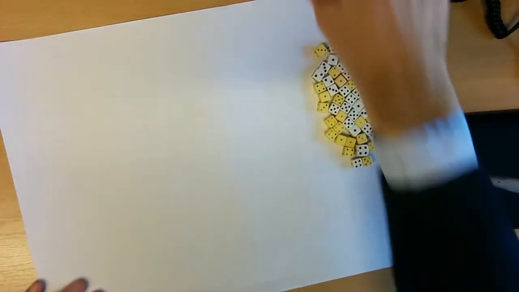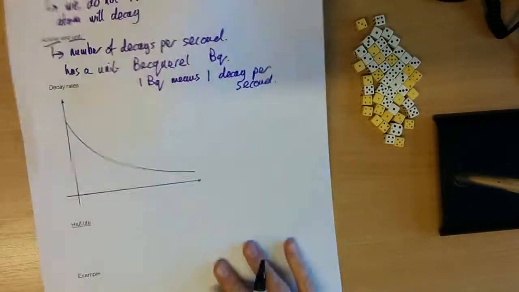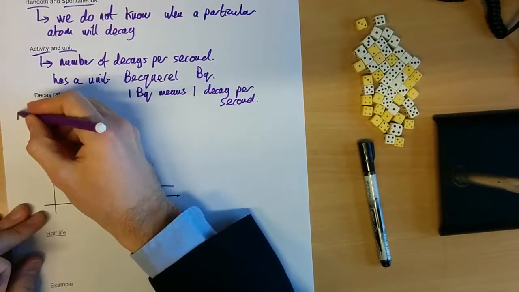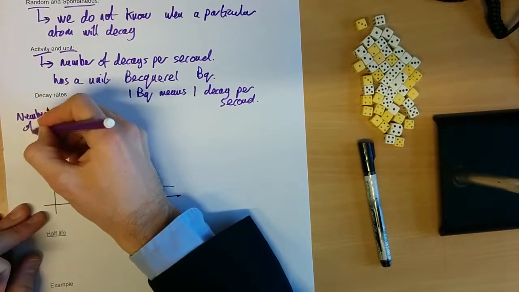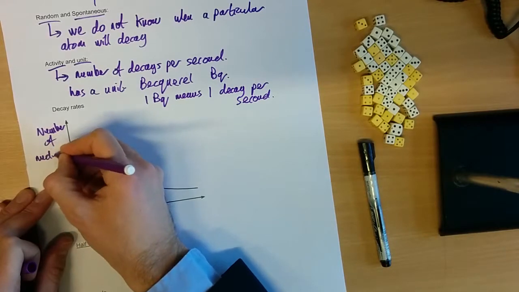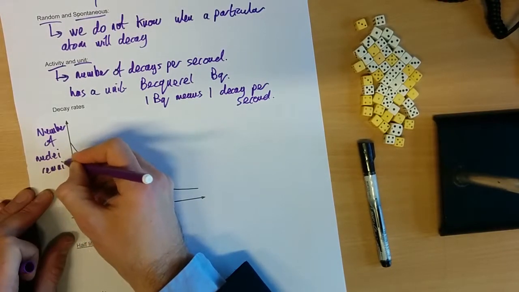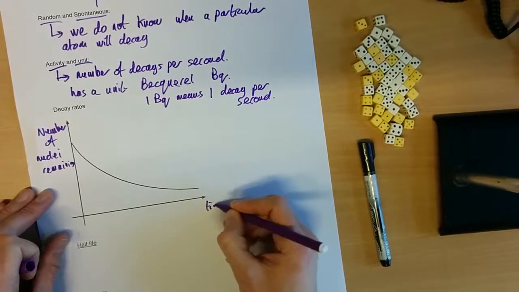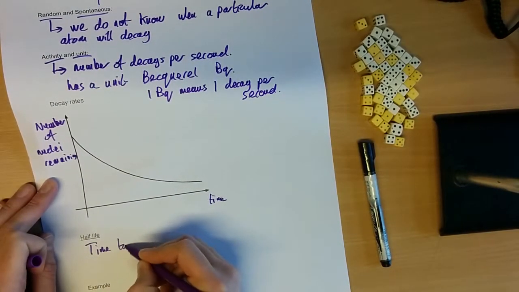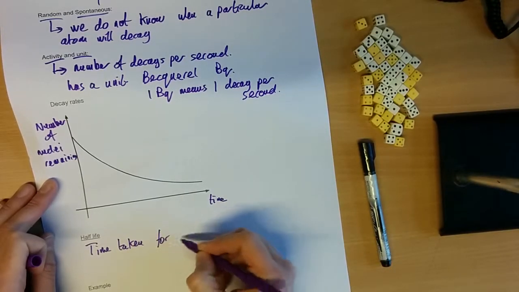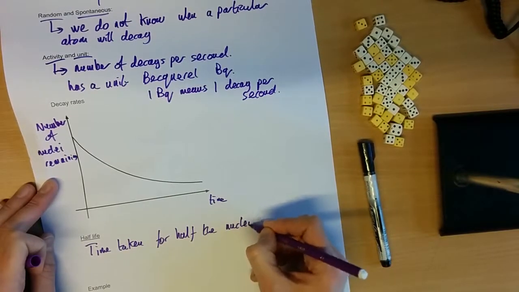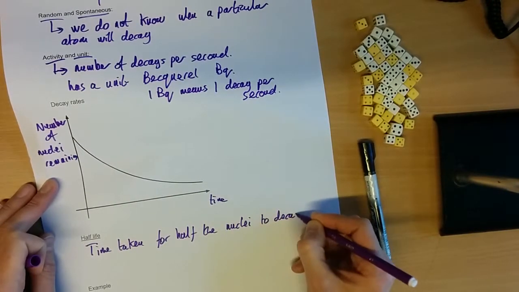So back over here, if this is our graph, this is the number of atoms or nuclei remaining, and then this is time, and the half-life is the time taken for half the nuclei to decay.